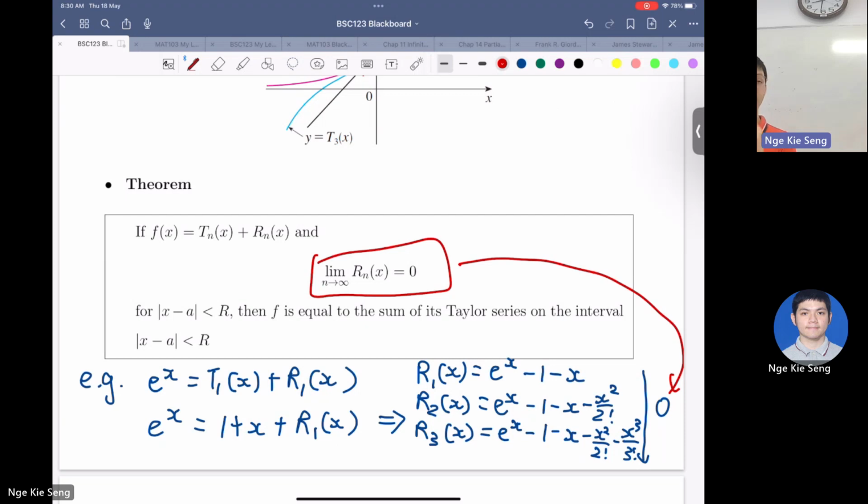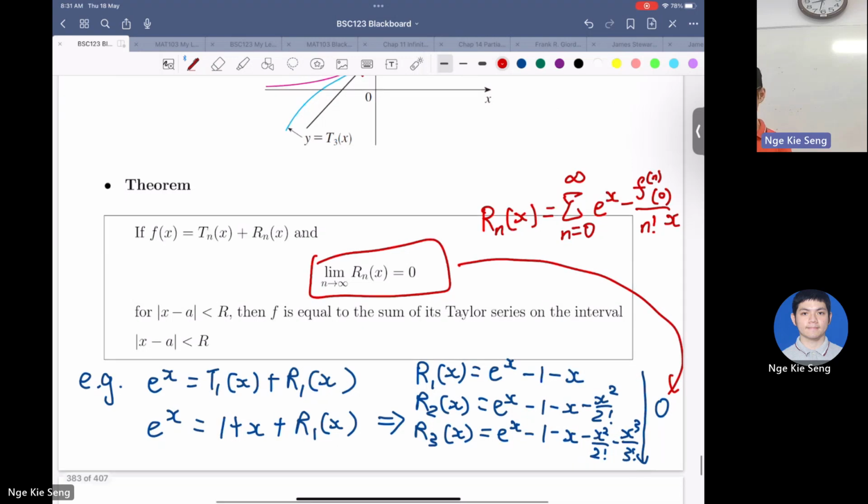I think it's just a series. So this is the sum of n from 0 to infinity of e^x minus the n-th derivative at 0 over n factorial times x^n.